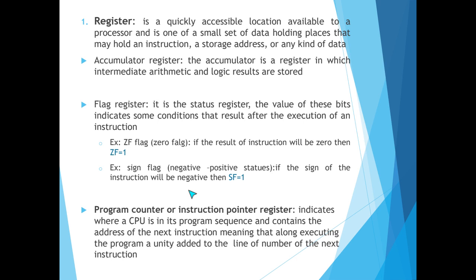But what is the program counter or instruction pointer register? It indicates where a CPU is in its program sequence. It's related to the sequence of our program and contains the address of the next instruction, meaning that along executing the program, a unit is added to the line number of the next instruction.